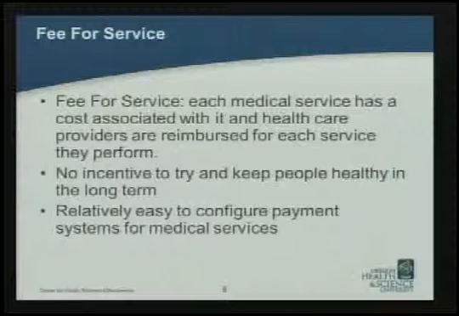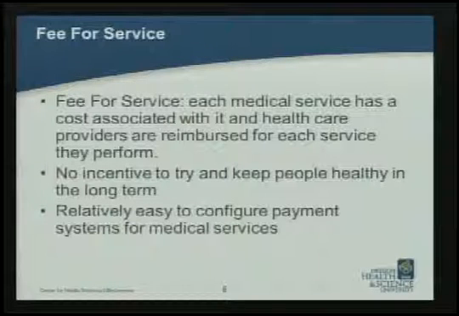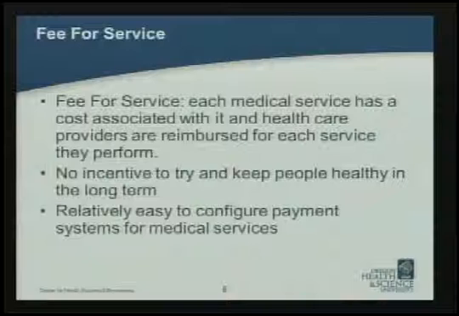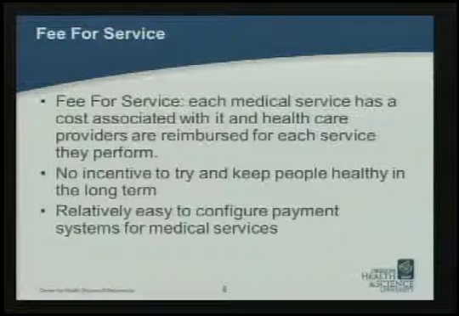But as you can begin to extrapolate from this, there's no clear incentive in that environment to try and keep people healthy in the long term. In layman's terms, if you're getting paid every time you do a medical service, presumably your goal would be to do as many medical services as possible so you can get paid the most.